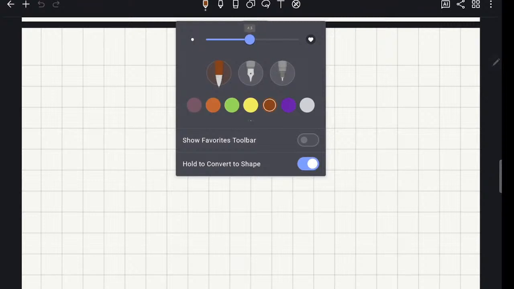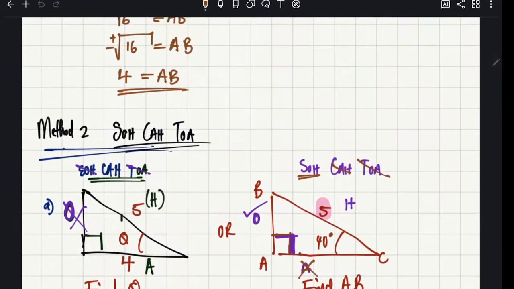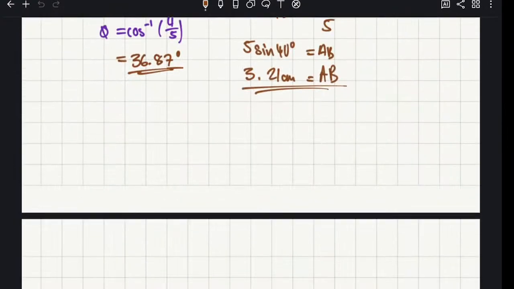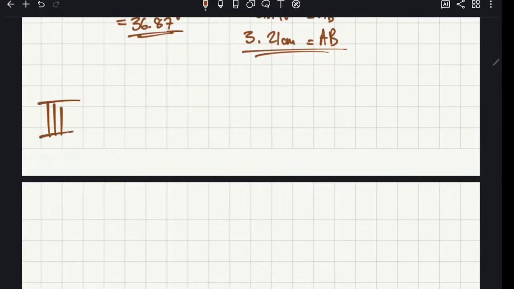Part 3, students. This is now about non-right angled triangles.